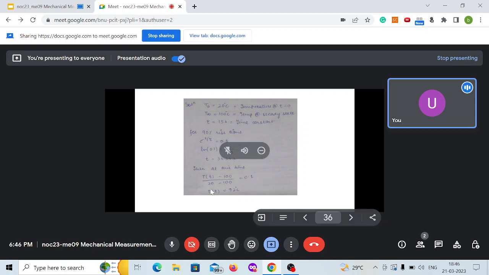So 0.1 into 20 minus 100, that will give you minus 80, and 10% of that is minus 8. So 100 minus 8, you'll get T as 92 degrees Celsius. So the temperature will be 92 at 90%. When it rises to 90%, it will be 92 degrees Celsius, and it will take 34.54 seconds to reach.